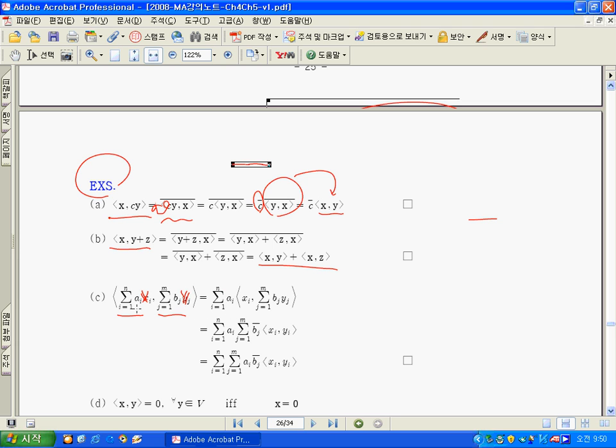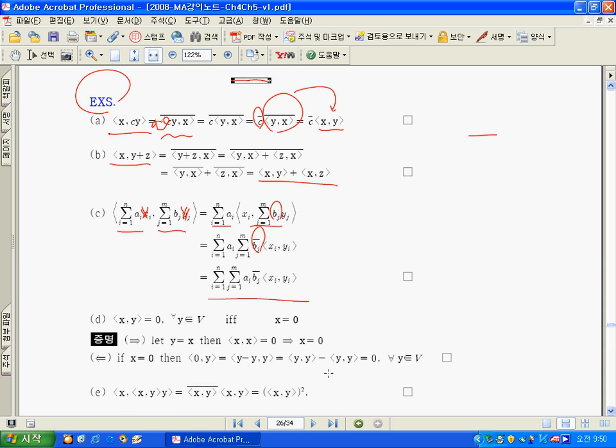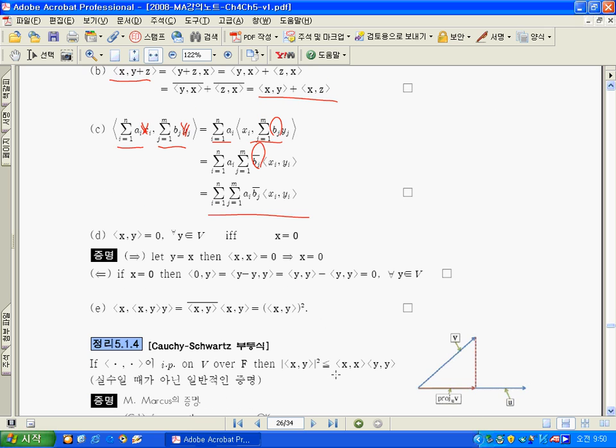Then the scalars on the first component come out, and on the second component come out with the conjugate. So this can be written in this way. This can be done one at a time, or you can show it by mathematical induction as well. And these are the properties.